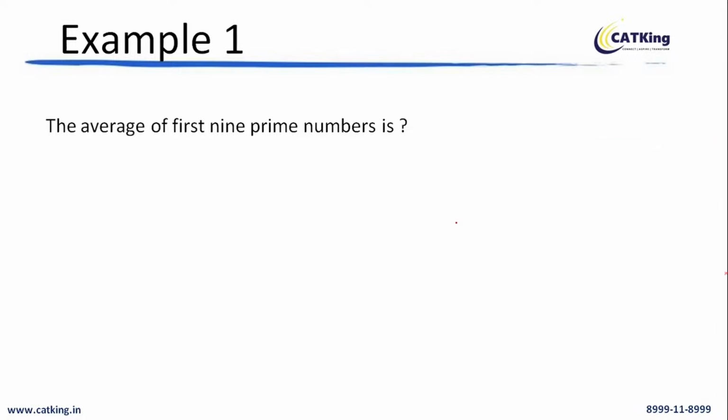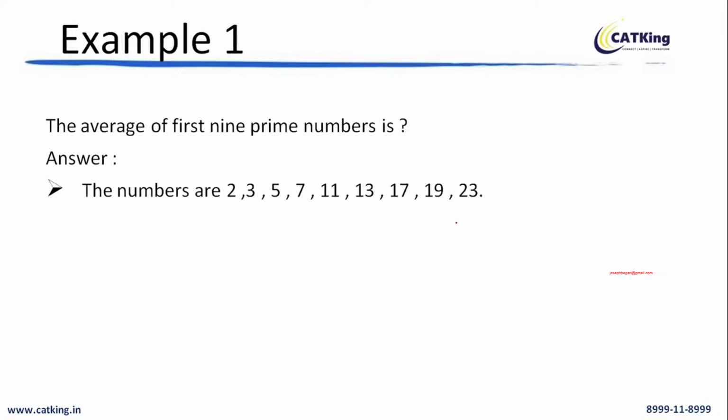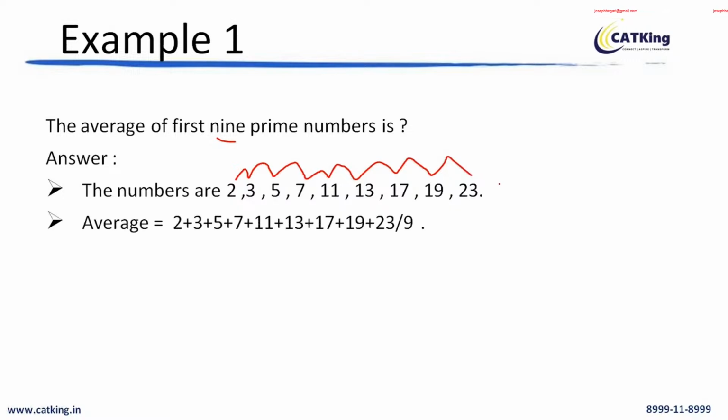So the first 9 prime numbers would be 2, 3, 5, 7, 11, 13, 17, 19, 23. Correct? So these are the 9 numbers, and you find out the average of these numbers. So what will you do? You will add all these numbers, the simple formula, addition of all of these upon total number of quantities. The total number is 9. So it is 2 plus 3 plus 5 plus 7 plus 11 plus 13 plus 17 plus 19 plus 23 divided by 9.